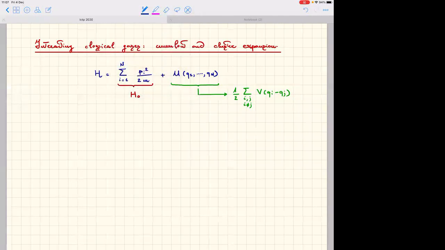All right, so our goal is always to compute the equation of state for this system.